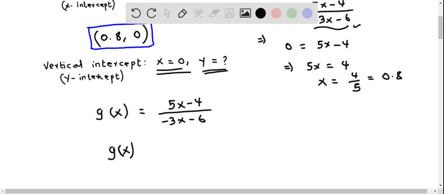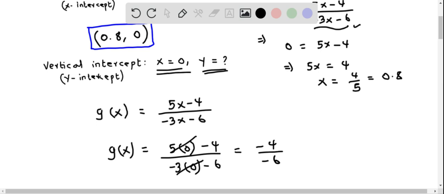So we get 5 times 0 minus 4 divided by negative 3 times 0 minus 6, and this becomes 0, and this also becomes 0. So in the numerator we have negative 4 divided by the denominator negative 6. These two negatives cancel, and so this is 4 sixths, which reduces to 2/3, and this is approximately 0.67. Once again, this is rounded to the nearest hundredth.